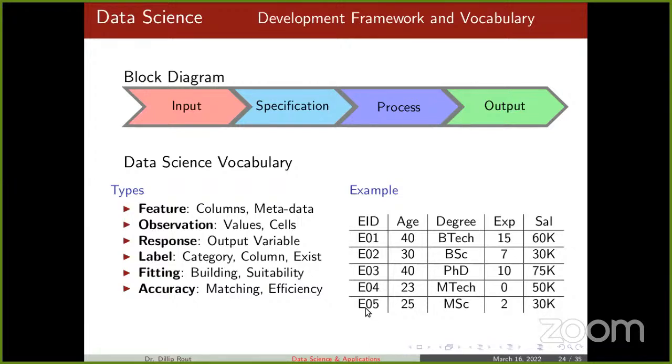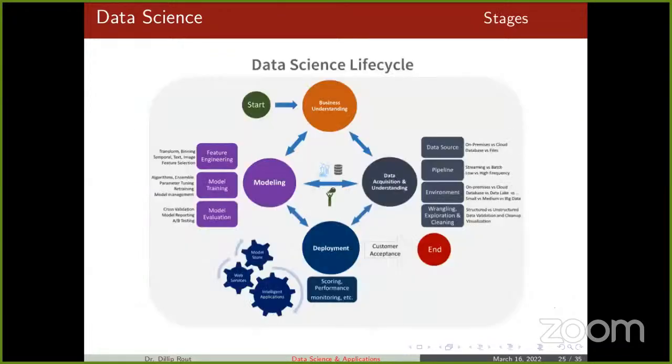For example, employee number 6 is age 20, has a BSc qualification, and has 0 experience. What salary should we fix? We can decide that through prediction, depending on the previously given data and finding a model, an algorithm, for it. That is what we want to do in data science.